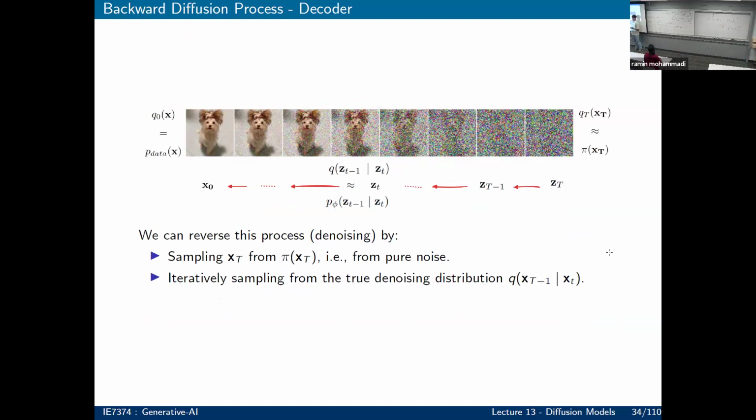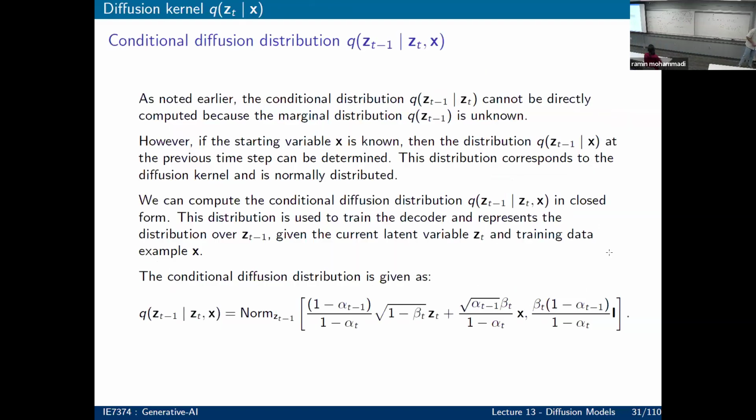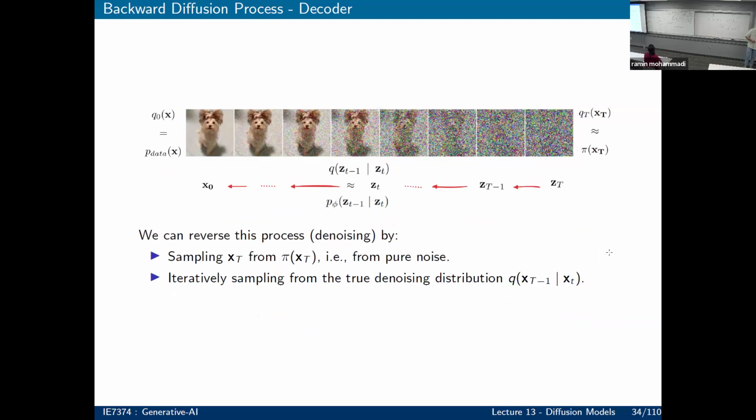When it says parameterized by theta, that means you have a neural network here. You have a neural network that is going to predict that mean value for you. So instead of actually calculating the mean, what you see in this equation, could we predict it using a model?